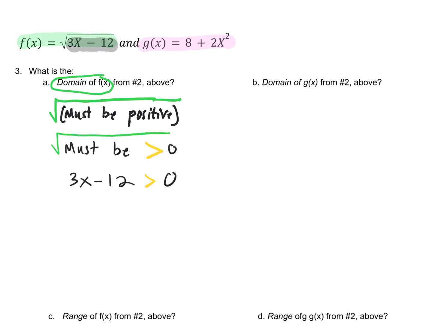So when we add 12 to both sides and then divide both sides by 3, we can see that what we're allowed to put into the function, we're dropping in x, that input must be bigger than 4, and that is the domain.